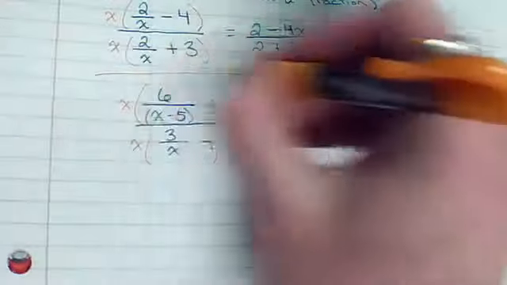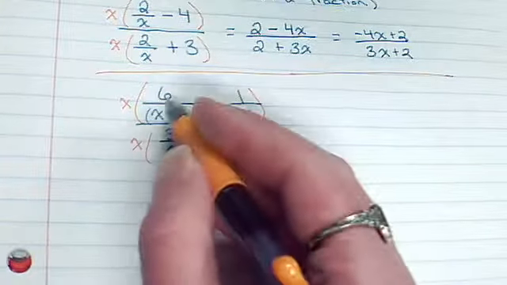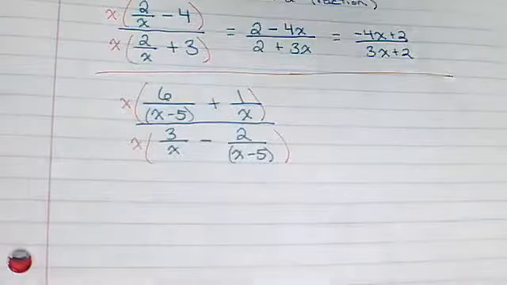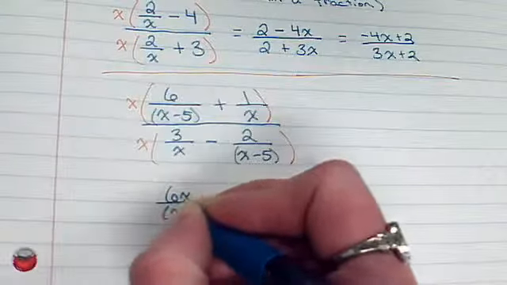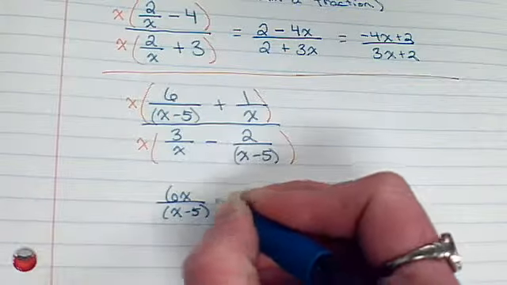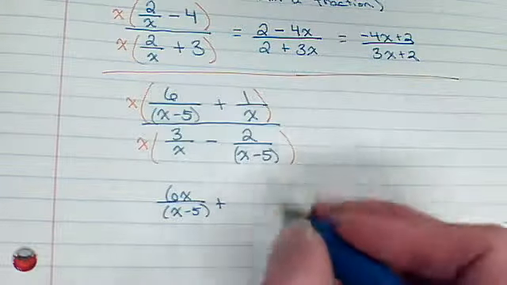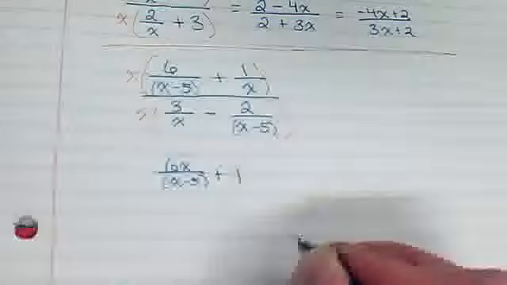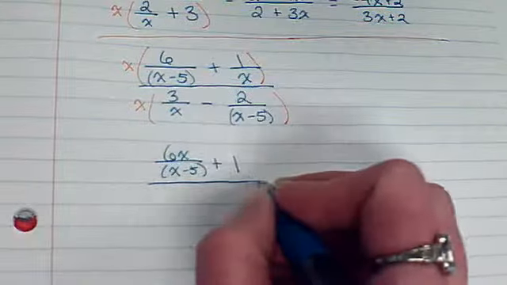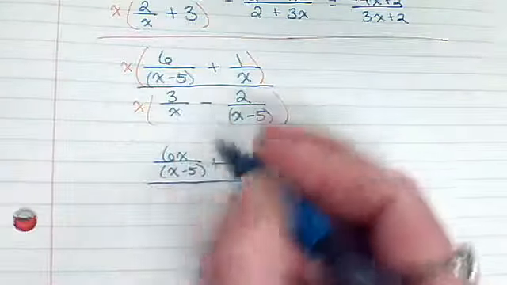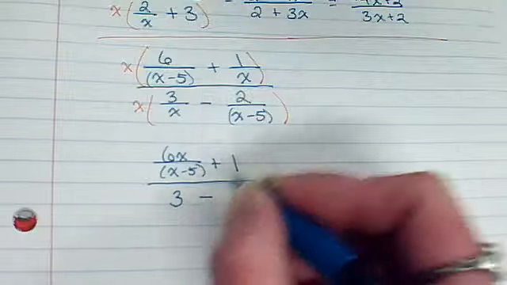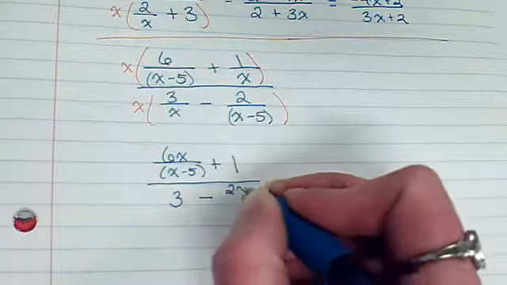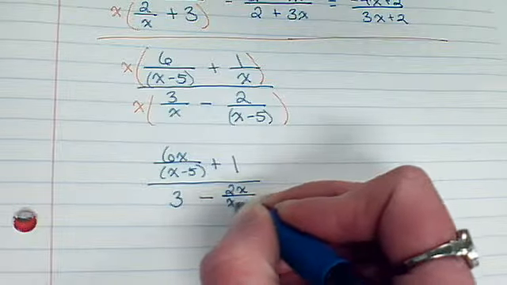Let's see what happens. x times 6, so that'll be 6x over x minus 5, plus x times 1 over x, which is just going to give me a 1. In the denominator, x times 3 over x is just going to give me a 3, minus, it's going to give me a 2x over x minus 5.